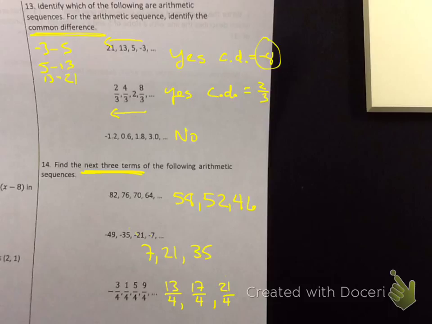So you can see yes, yes, no. Common difference, negative 8 and 2/3. Find the next 3 terms. So you can see here, subtracting 6: 58, 52, 46. Adding 14: 7, 21, 35. Adding 4 over 4: 13, 17, 21 over 4.